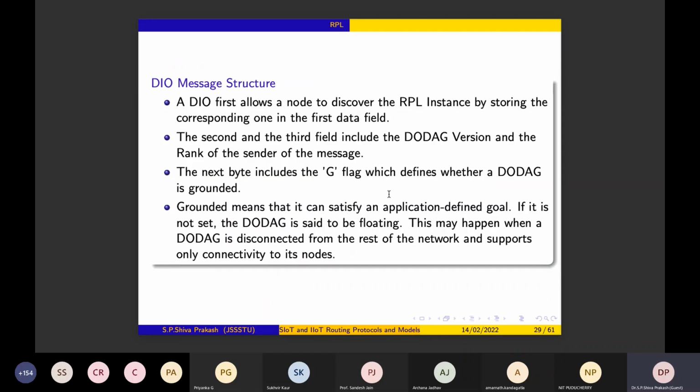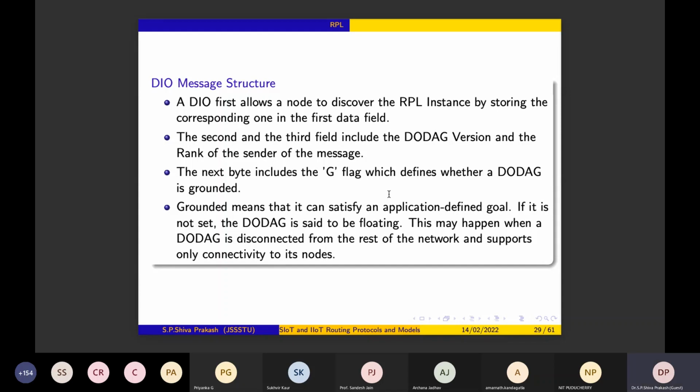Now this DIO first allows a node to discover the RPL instance by storing the corresponding ID in the first data field. The second and third fields include the DODAG version and the rank of the sender of the message. The next byte includes the G flag, which defines whether the DODAG is grounded or not.